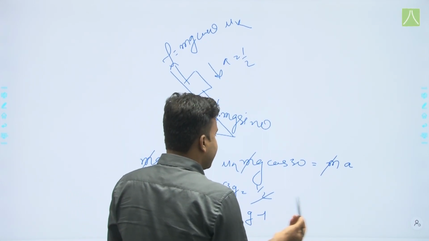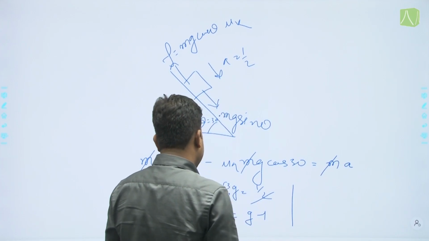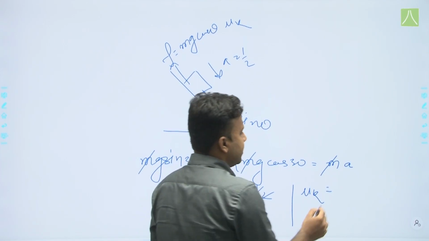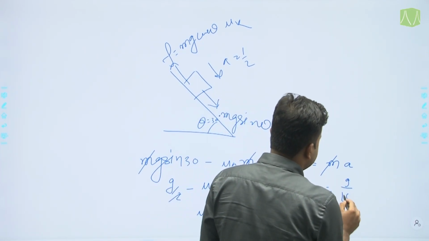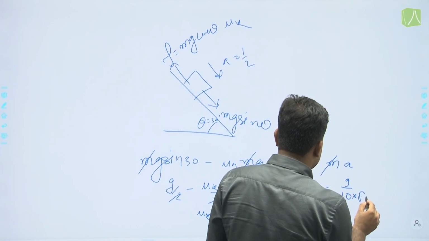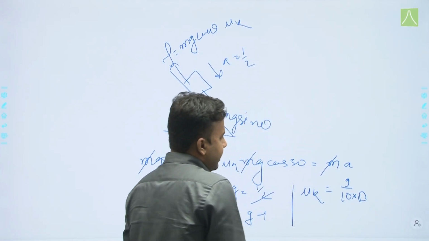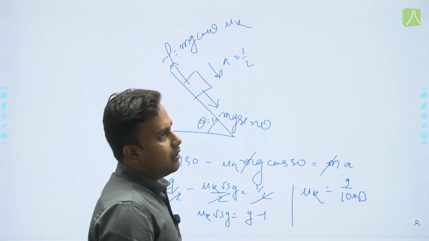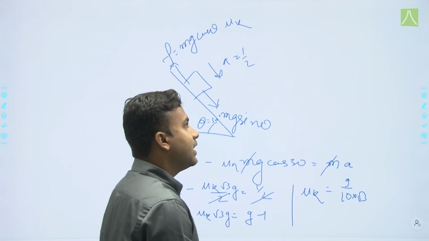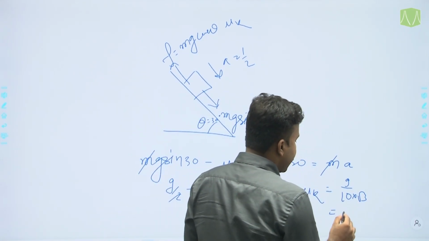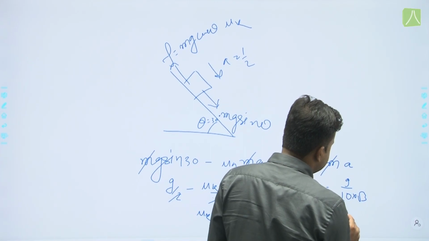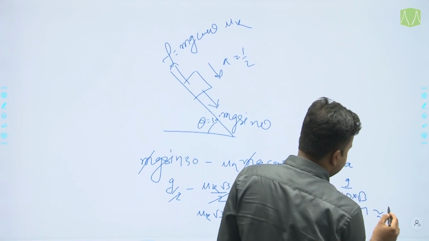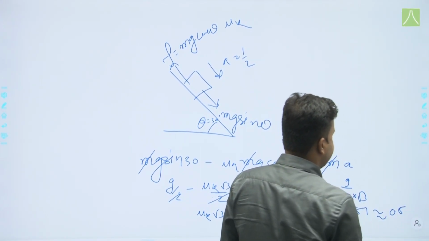Now this one, if I assume g equal to 10, then we can write mu k is equal to (10 minus 1) divided by 10 into root 3, which is 9 by 10 root 3. That is approximately 0.51, or since we have an answer of just 0.5, we can write 0.5.